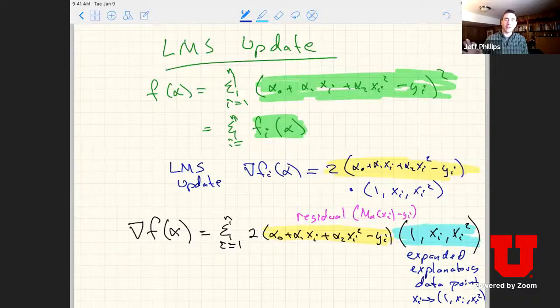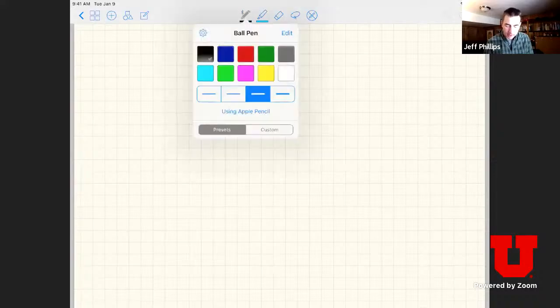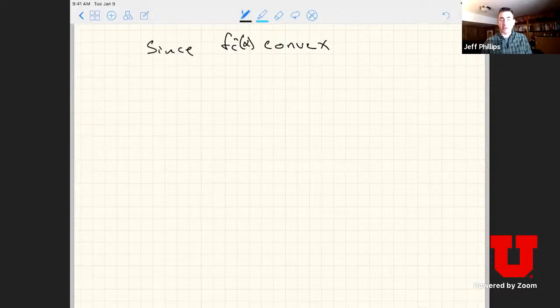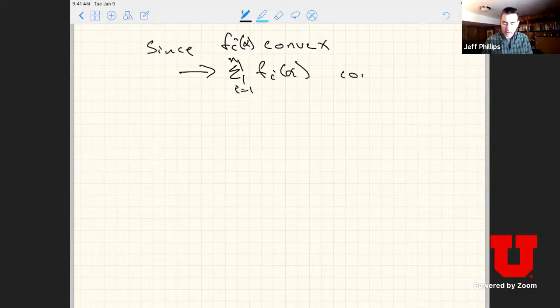So I can calculate the residual as the sum of these terms. And because each of the individual functions f_i of alpha is convex, as I mentioned, it means that the sum of a bunch of these is also going to be convex.